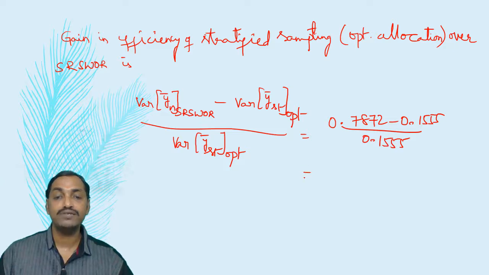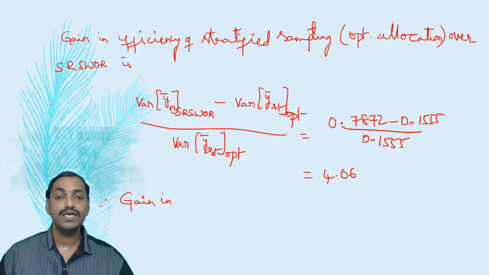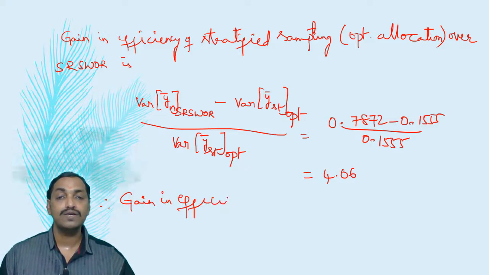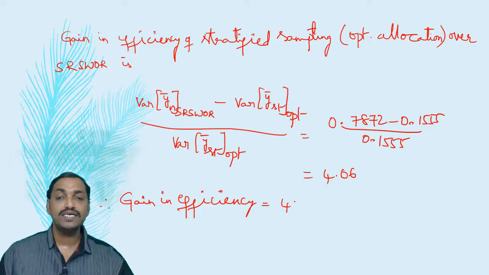On simplification, we will get 4.06. Therefore, gain in efficiency in terms of percentages is 406%.